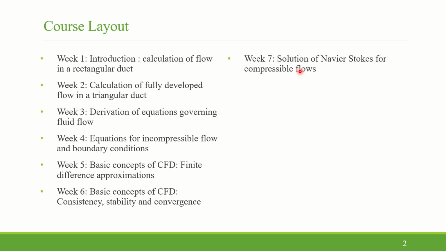Basically we saw when we call a flow compressible, based on the Mach number criterion. If the Mach number is less than or equal to 0.3, we call it incompressible flow, and if it is greater than 0.3 we call it compressible flow. We also saw the solution of the Navier-Stokes equation for compressible flows by various methods like the MacCormack method and so on.